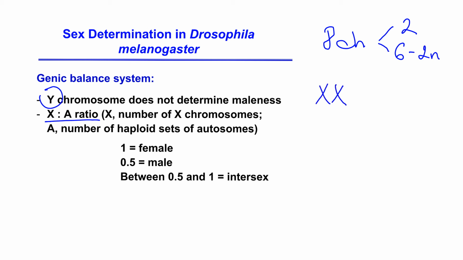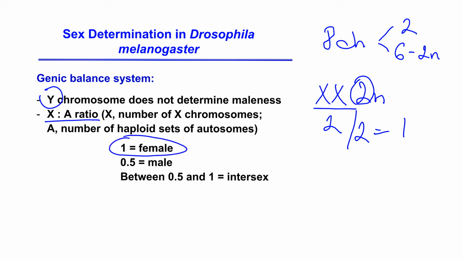You divide the number of X chromosomes, which in this case is 2, by the number of sets of autosomes, which is, since this is diploid, 2 sets, so you divide by 2 and the ratio is 1. If the ratio between X chromosomes and sets of autosomes is 1, the fruit fly is female. If you have a fruit fly which is XY and is diploid, so it has 2 sets of autosomes, the ratio will be, you have only 1 X chromosome, so it's 1/2, which is 0.5. Under such circumstances, the individual is male.